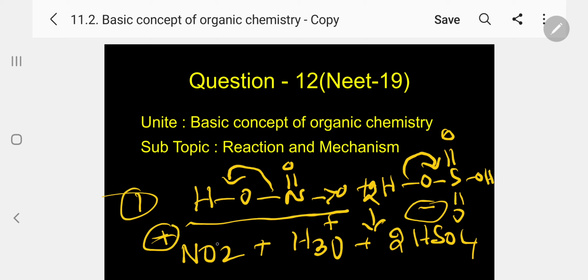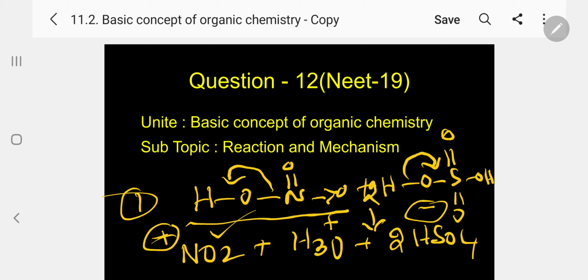In all electrophilic substitution reactions of nitration, NO2+ is the attacking electrophile. Please follow. I hope you understand this. This electrophile is going to attack the benzene ring, and H+ will be replaced by NO2+ producing nitrobenzene. So keep this idea in mind.